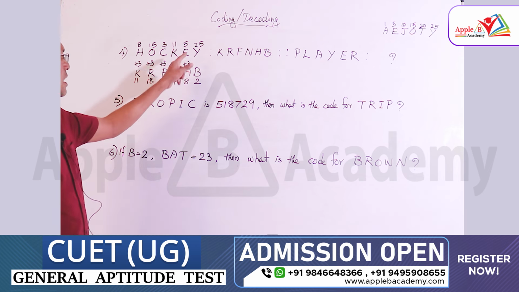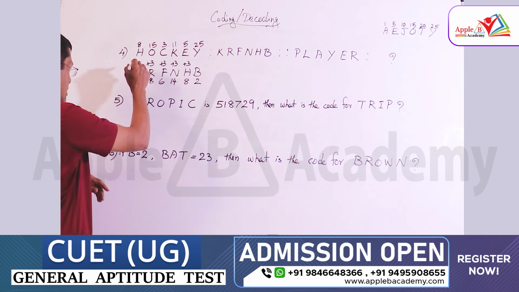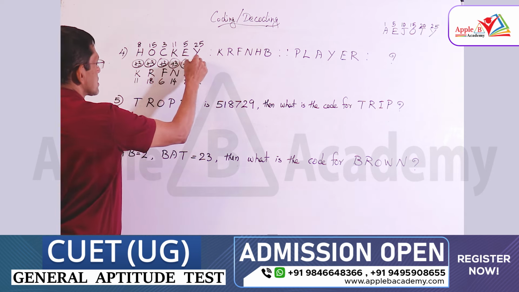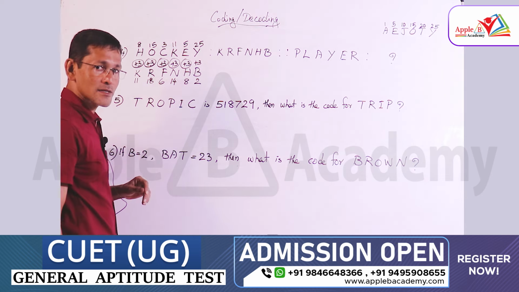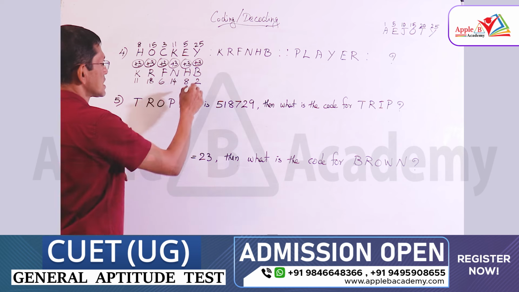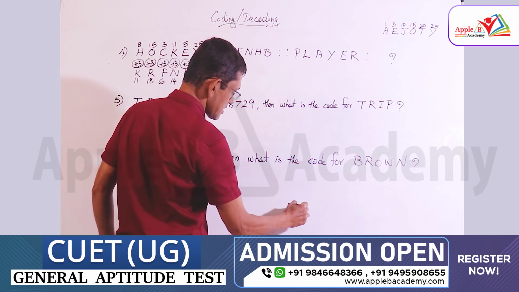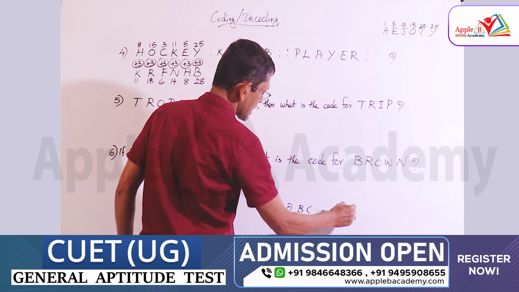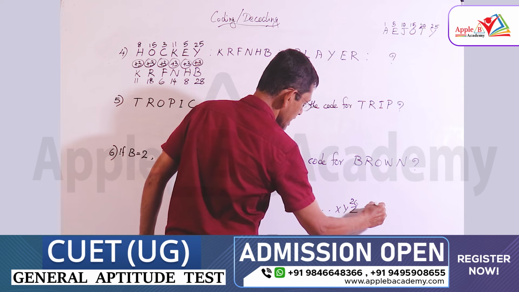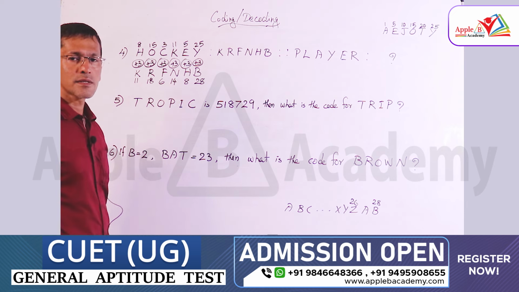So one letter is missing from this pattern, plus 3, plus 3, plus 3. Is it possible to get the same plus 3 here? Well, 25 plus 3 is 28. Which is the 28th letter? Think of it: A, B, C, X, Y, Z, Z is 26, then the 27th letter is A, the 28th letter is B.